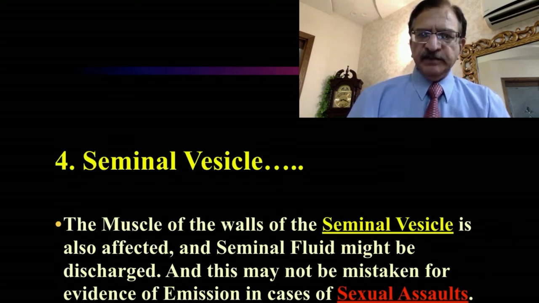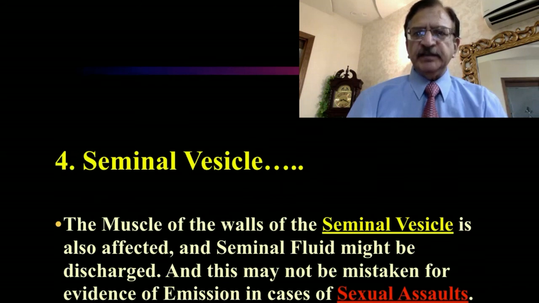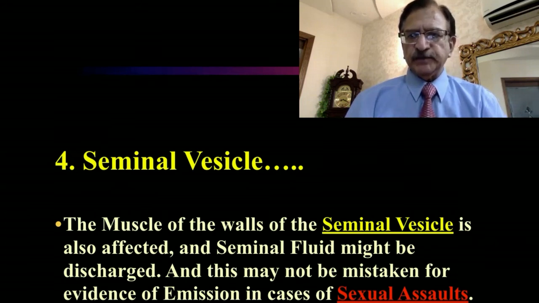Similarly, in the seminal vesicle, the muscles of the walls of the seminal vesicle contract and the seminal fluid might be discharged, and this discharge of the seminal fluid should not be mistaken for the evidence of emission in case of sexual assault.